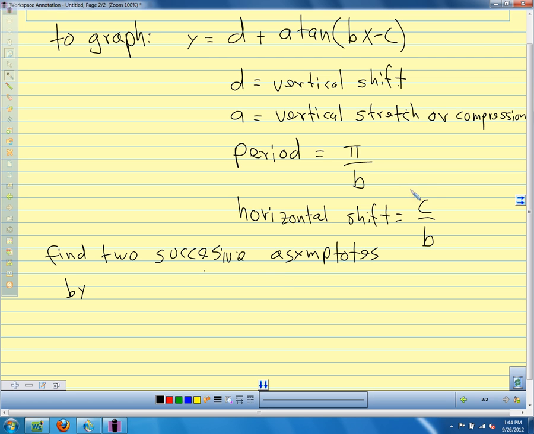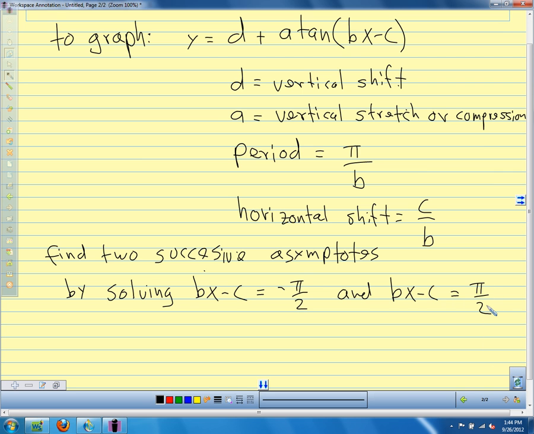2 successive asymptotes. And we do that by solving bx minus c, this thing that's in the parentheses here. bx minus c equals negative pi over 2. Solve that for x. And bx minus c equals pi over 2.